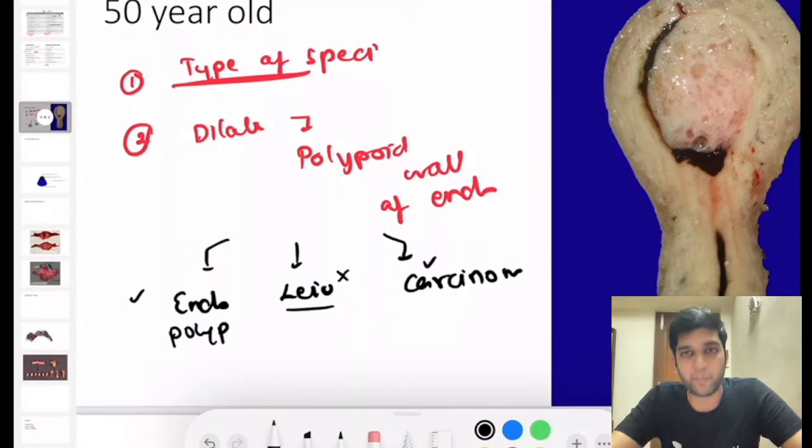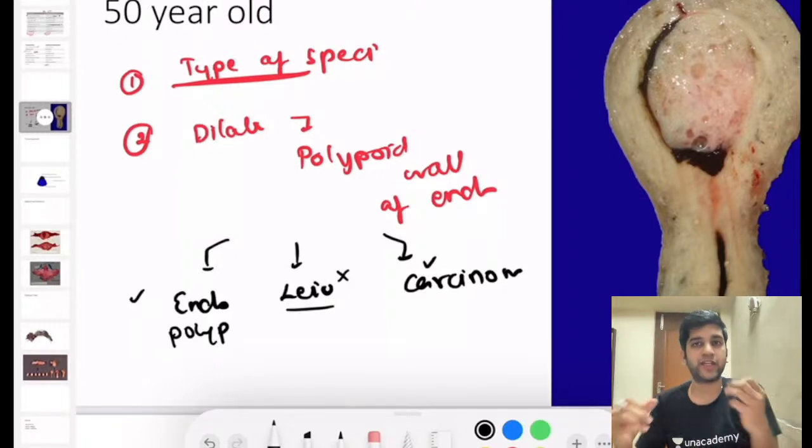So if it's an endometrial polyp versus endometrial carcinoma, carcinomas of endometrium are very classical. Whatever subtype it may be, it will have areas of necrosis. In this image, are you seeing areas of necrosis? There are not much areas of necrosis, right? I don't see a necrotic mass. It's firm. If it is necrotic, it will be friable.